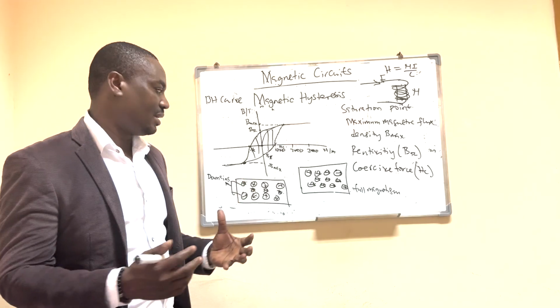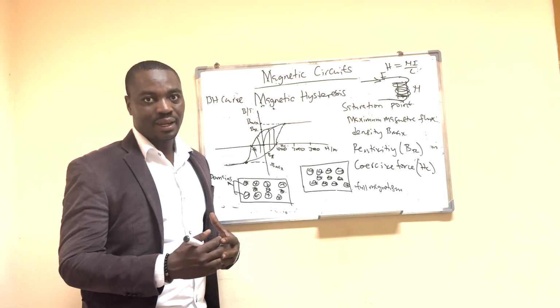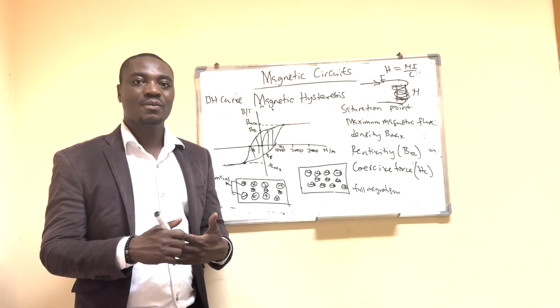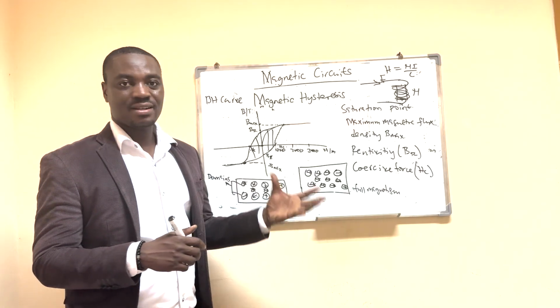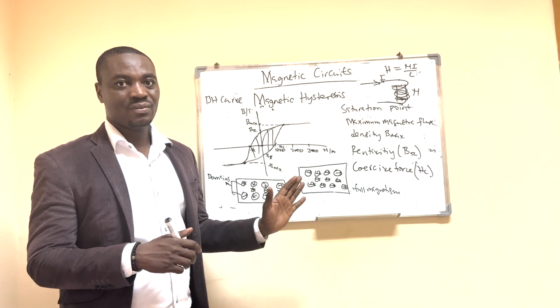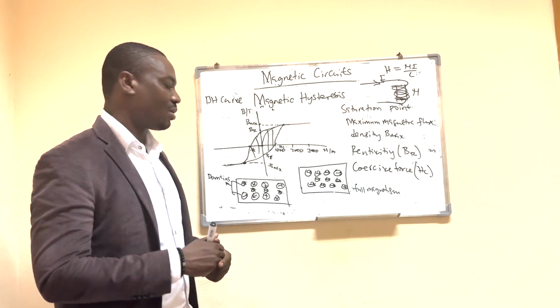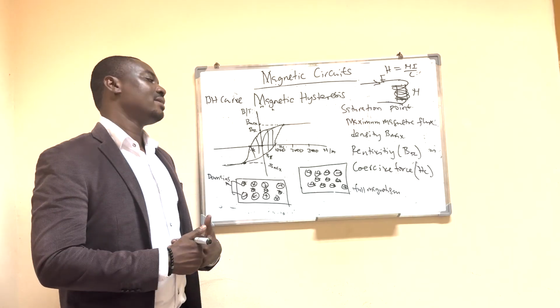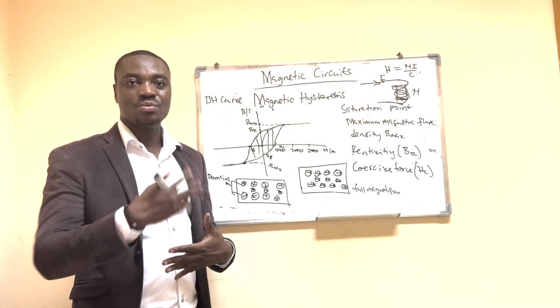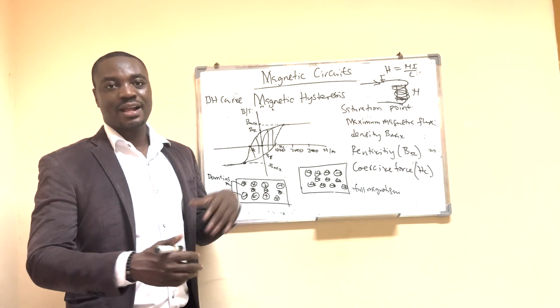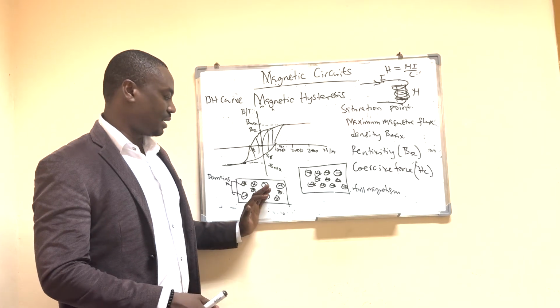They are not really organized in any way when we are dealing with a pure or natural material, right? If I have iron in its purest form, its magnetic domains are going to be disoriented. And when you pass current through it to magnetize the material, these dipoles are going to begin to align in one particular direction.